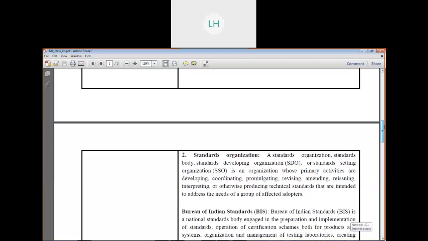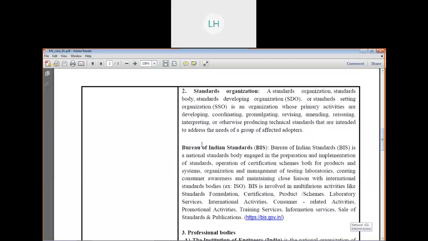Fine. So in India, we have the Bureau of Indian Standards, in short BIS. I think you have all heard about this term, BIS.